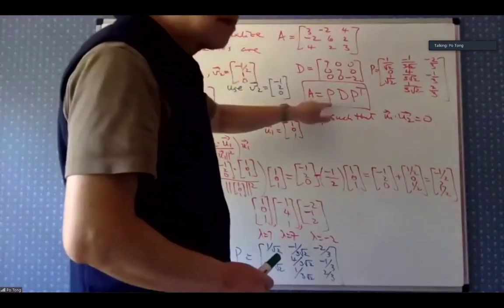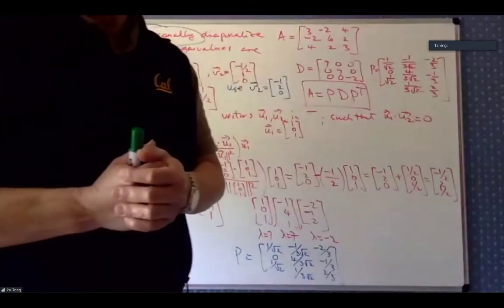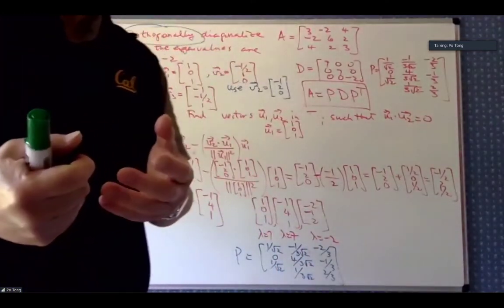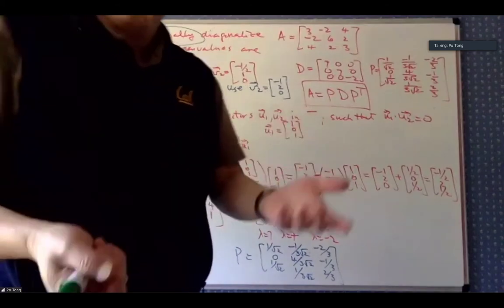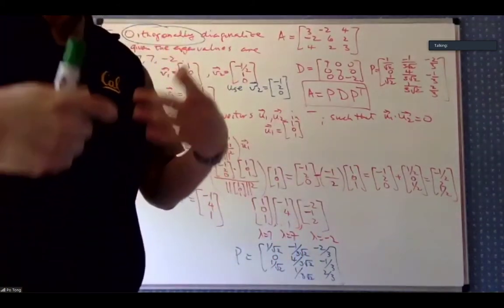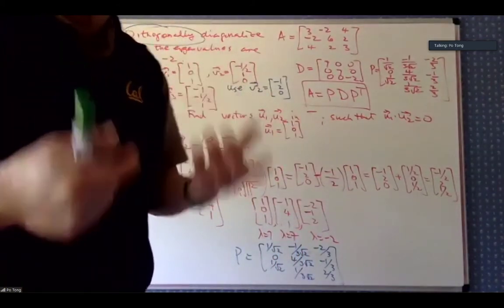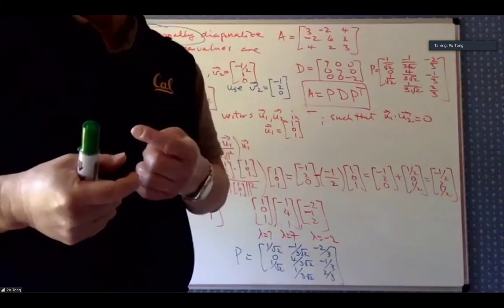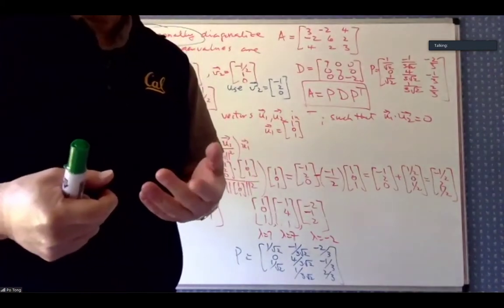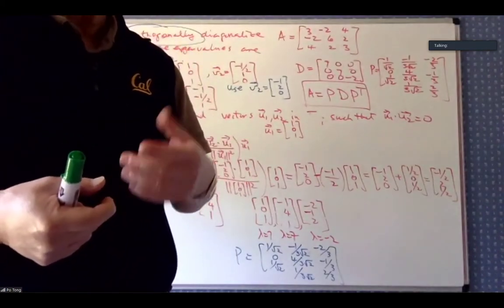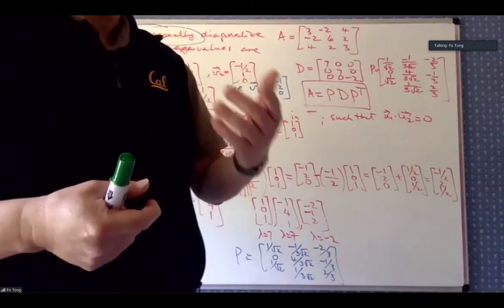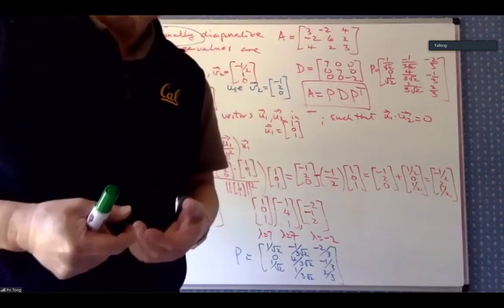This P matrix, essentially, if you look at it as a linear transformation, it is going to be an isometry. That means it preserves angles and it preserves lengths.